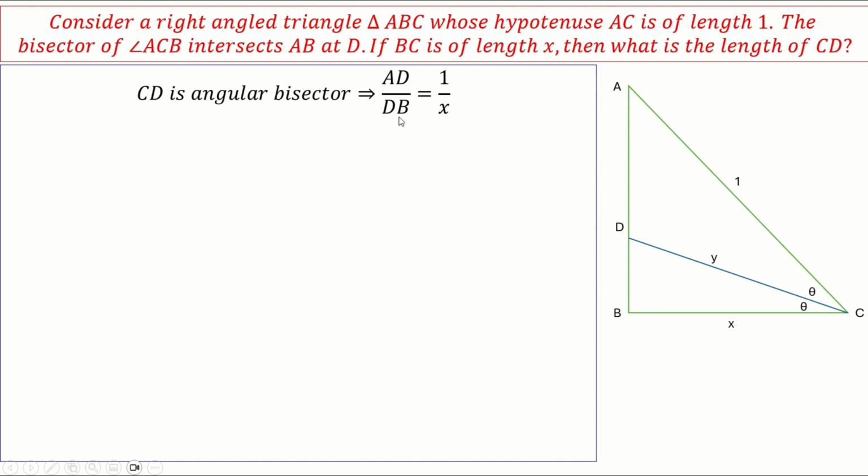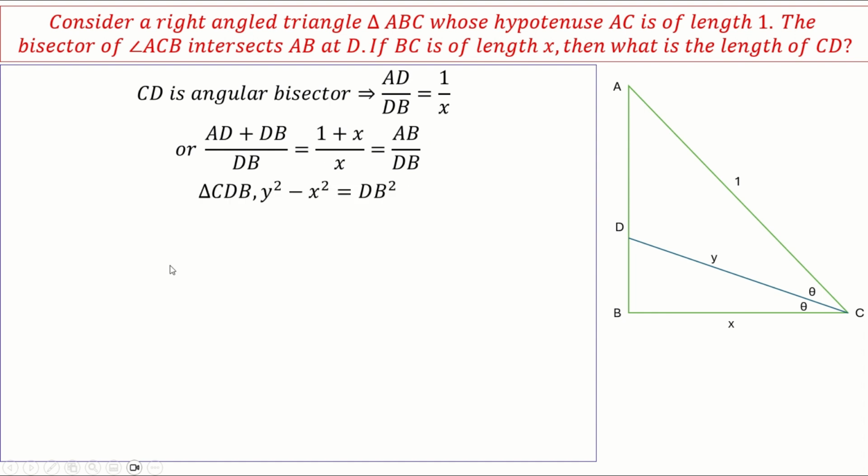CD is the angular bisector, so AD by DB equals the AC by BC ratio, which is 1 by X. So AD by DB will be 1 by X. Now add 1 to both sides: AD plus DB by DB equals 1 plus X by X. AD plus DB is AB, so AB by DB equals 1 plus X by X. Now in triangle CDB, Y square minus X square equals DB square.